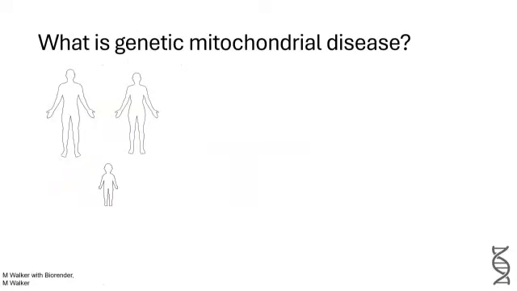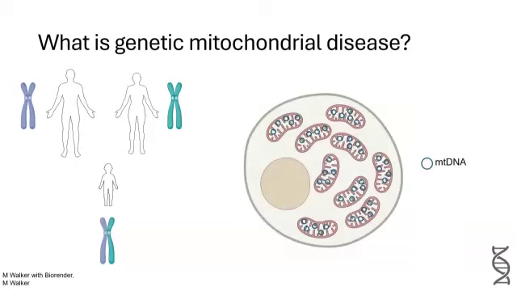So what is genetic mitochondrial disease? You all will remember, and forgive me, I know I'm oversimplifying, but we all get DNA from each of our parents. Our nuclear DNA, which is what I think most people think of when we think of 23andMe genetic testing, we get 23 chromosomes from mom and 23 from dad. And that's where we get all of our nuclear DNA from. What they often don't tell us, in high school at least, is that there's another genome, a whole other set of DNA that we only get from our mothers.